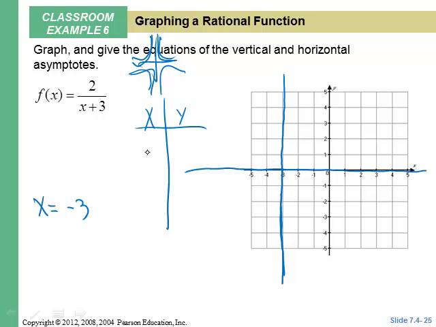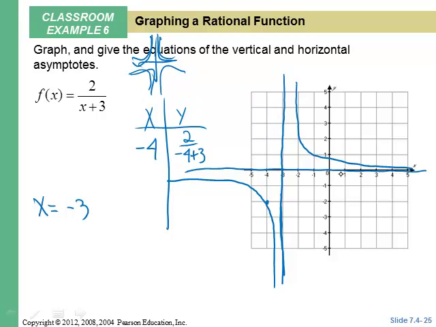So if x equals negative 4, 2 over negative 4 plus 3, negative 4 plus 3 is negative 1. 2 over negative 1 is negative 2. So you can see what's happening is we're down here, and so our graph is going to go like this.